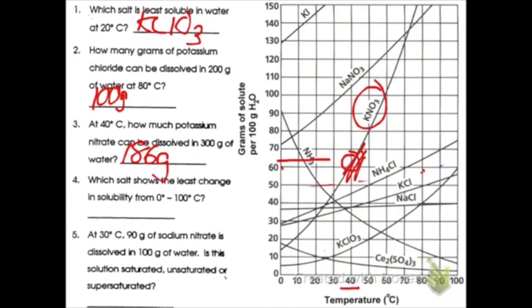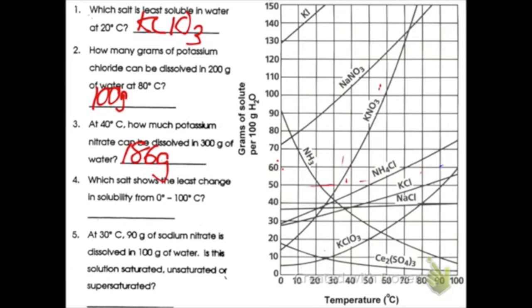All right. Let's get this stuff out of the way then. Which salt shows the least change in solubility from 0 to 100? So I'm going to look at the line that is the flattest. And what do we call how flat or steep a line is in math? Slope. So we're looking for the line with the least slope or the least change.